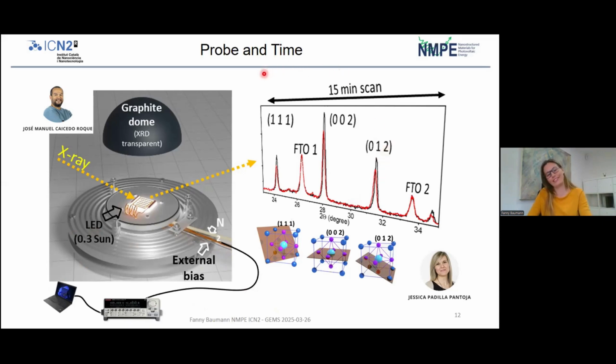Finally, to adapt for the time frame of the experiment, we needed to shorten the scan, because usually an XRD scan that we use is around 60 minutes in order to have good enough resolution. So what we decided to do is we shortened the scan to 15 minutes, but still including these important peaks, because by having this FTO 110 peak here, we could actually account for any misalignment between samples.